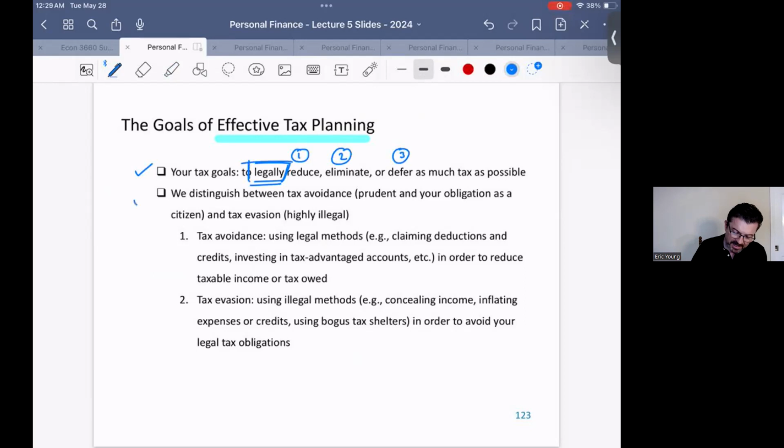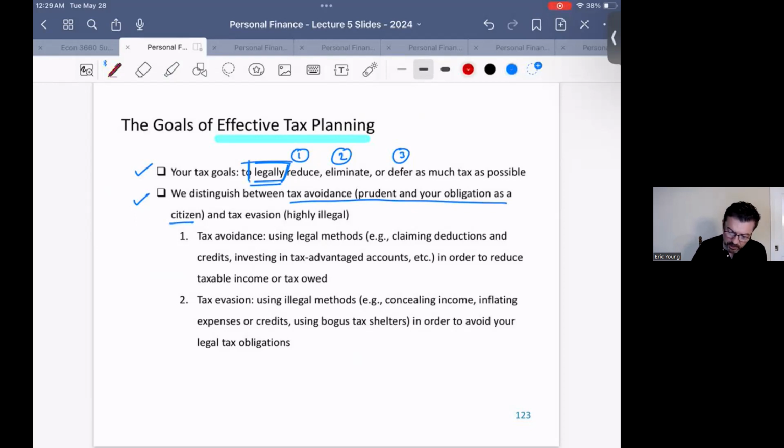To help underscore that, in tax planning theory, we distinguish between what we call tax avoidance, which is legal and prudent, and I would even say it's your obligation as a citizen. People may disagree, but my view is, as a citizen, it is your obligation to pay the amount of tax that you owe legally and not a penny more. Okay, so that's tax avoidance. You should do it.